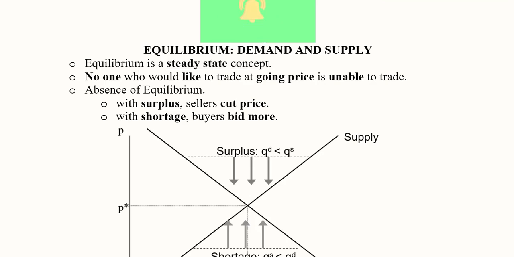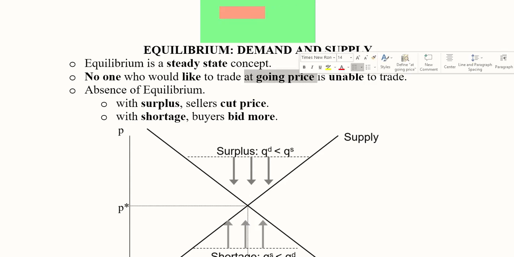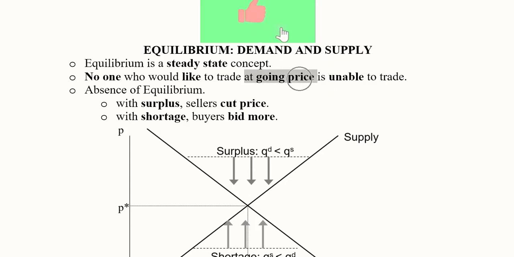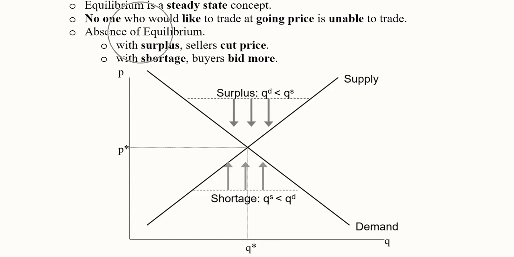And since the change is not likely, the equilibrium price or the going price is the market price. The market price is that price which is desirable for the traders, that is the buyers and the sellers. Let us see how this can happen.